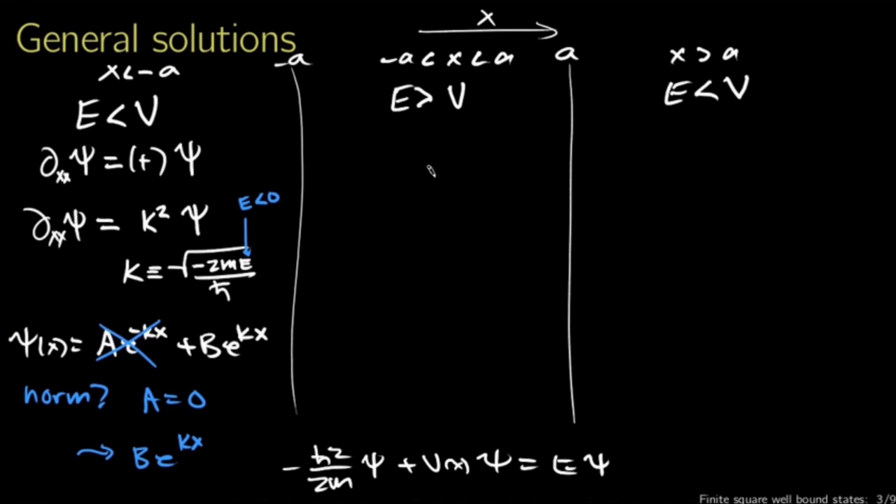In the central region, we have something slightly different. We have the energy being greater than the potential. What that means is that our Schrödinger equation is going to look like a second partial derivative of psi being equal to some negative number times psi.